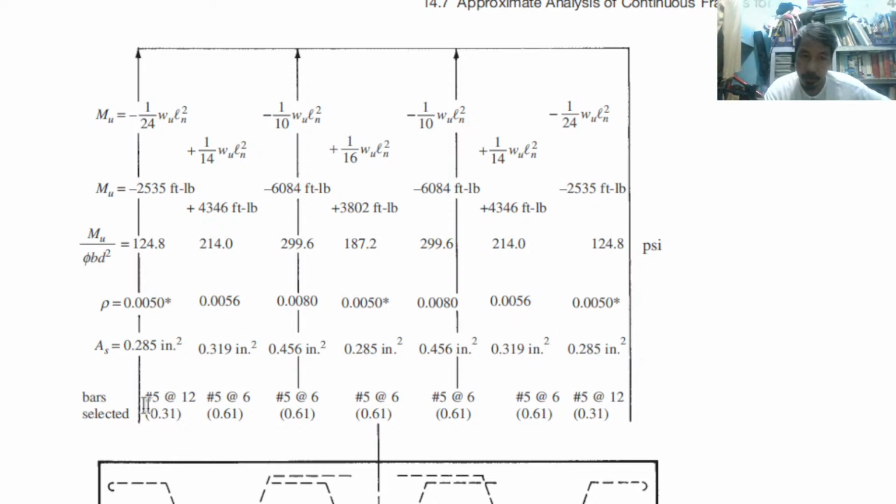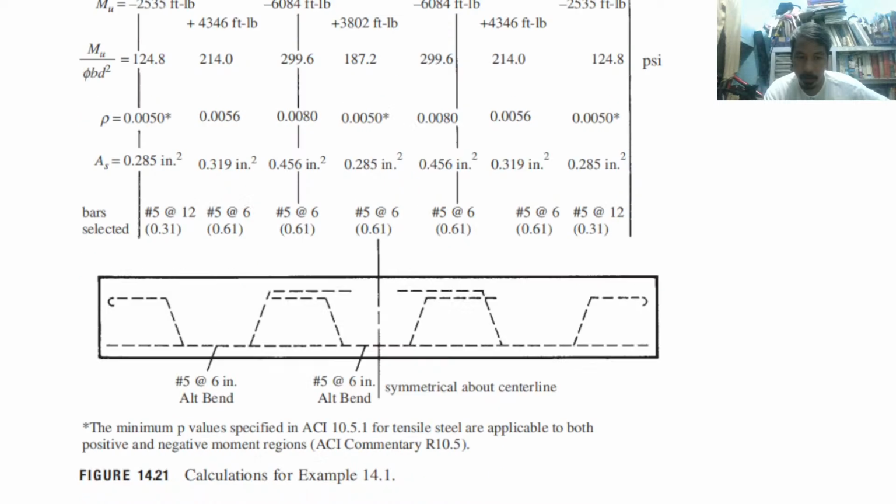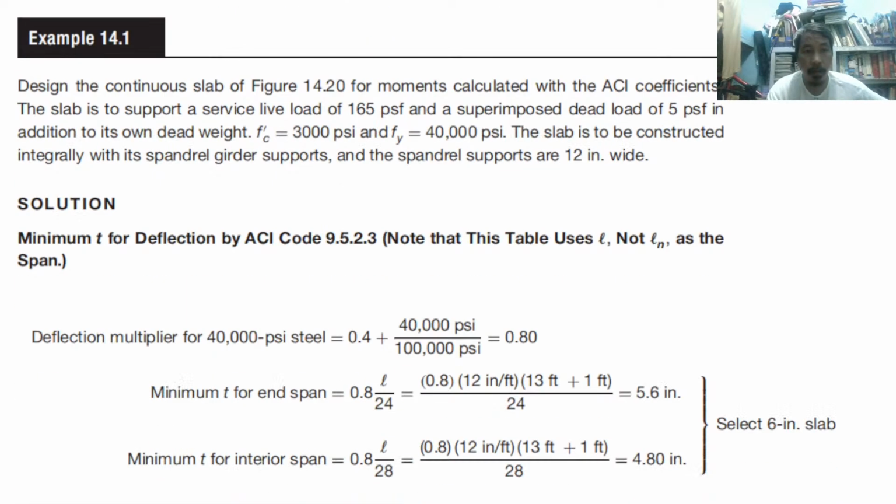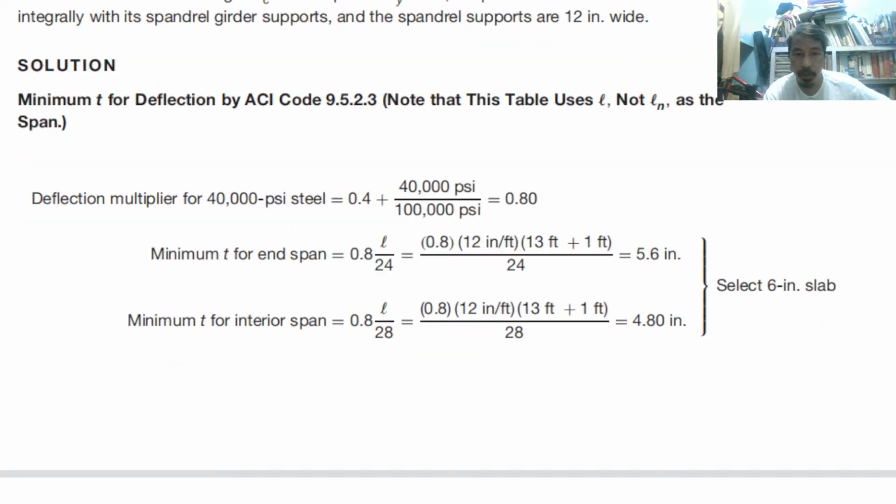And then select the proper size of the reinforcement. So that is the procedure in dealing with this problem, wherein we are being asked to design the continuous slab for moments calculated with ACI coefficient.